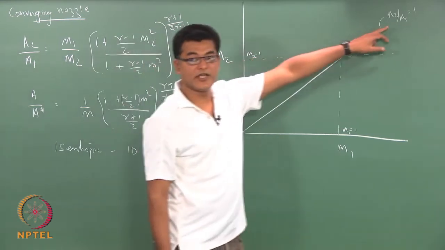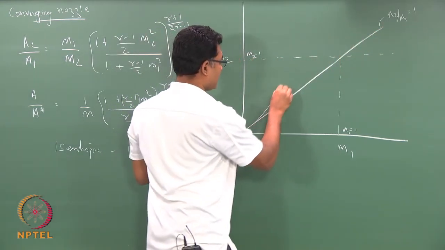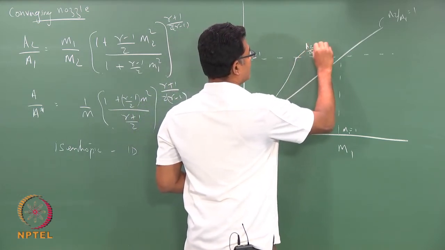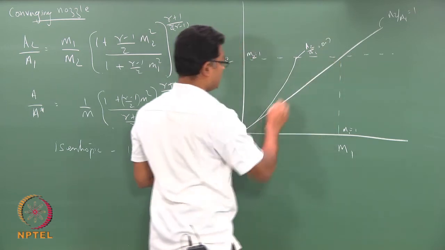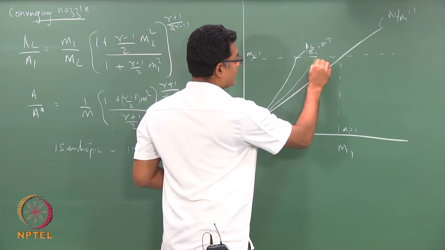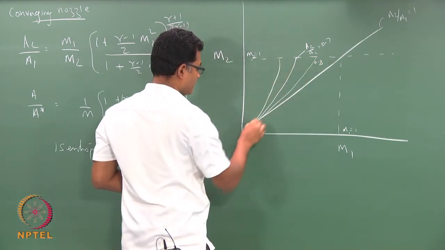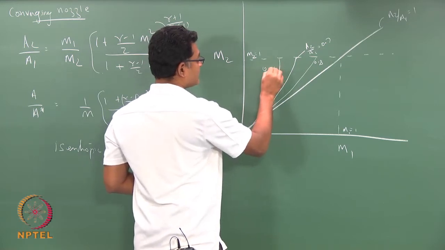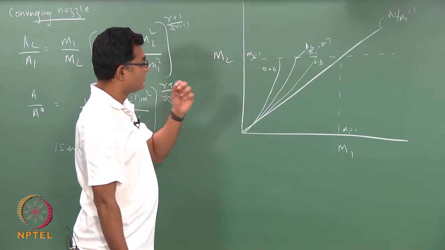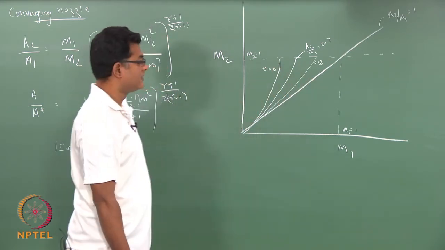For area ratio A2 by A1 less than 1, I would get a curve something like this, for values of, let us take 0.8, 0.7, 0.6. Depending on the area ratio, I would have a curve like this.